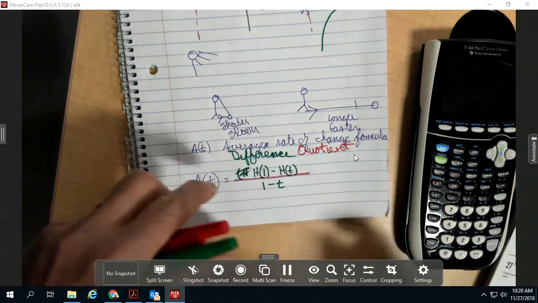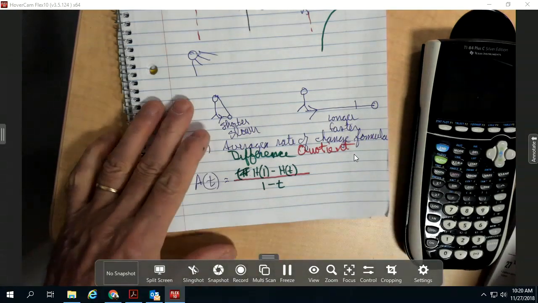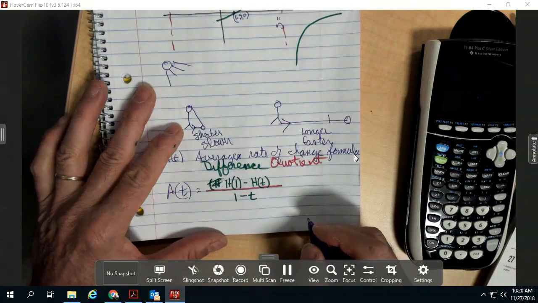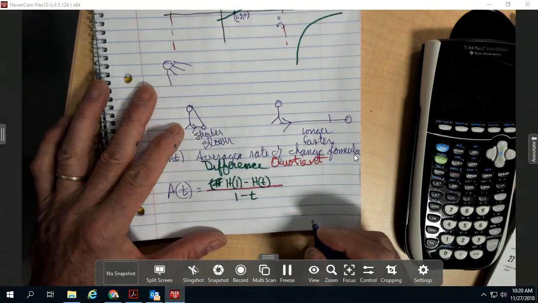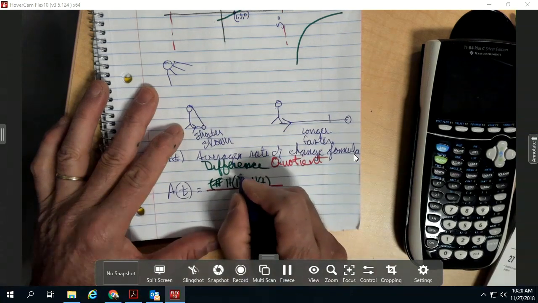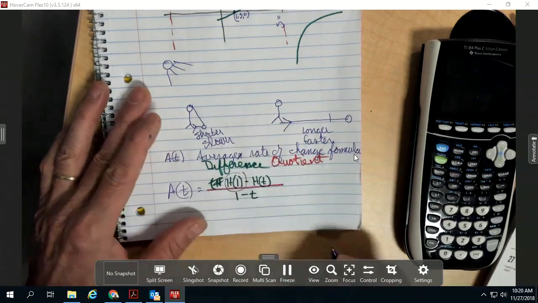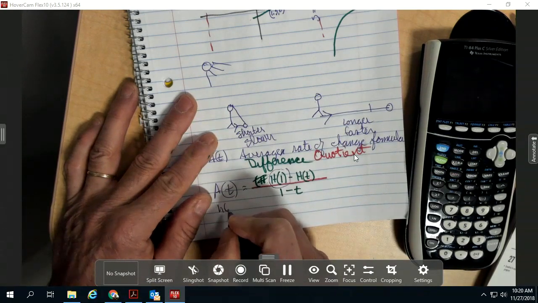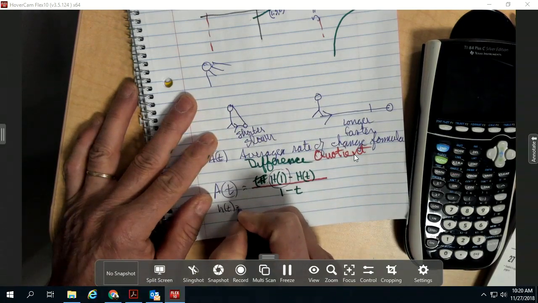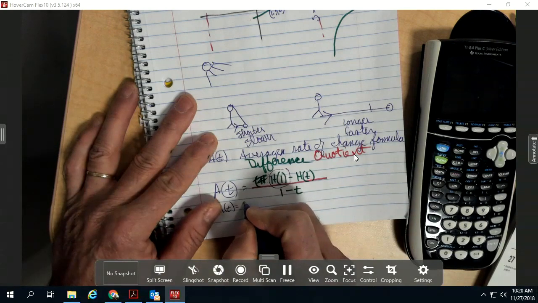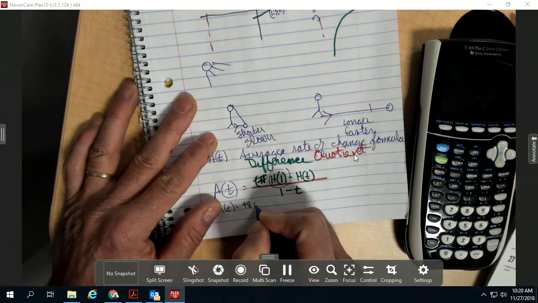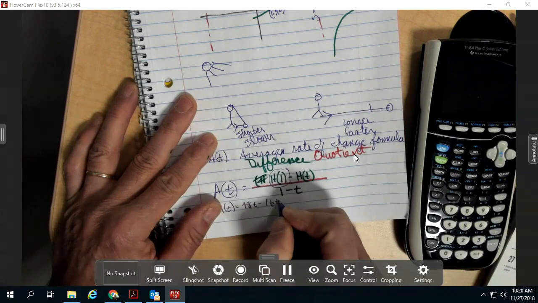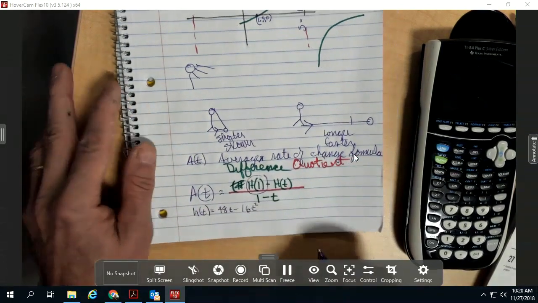So we're only talking about the domain. We're only going to graph from 0 to 1. Let's find out what is h of 1. Well, it says h of any number is 48 times that number minus 16 times that number squared.